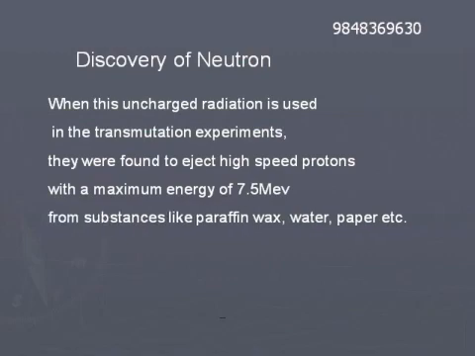When this radiation, which was thought to be gamma radiation but actually is not, is used in transmutation experiments, high-speed protons with a maximum energy of 7.5 MeV were released.